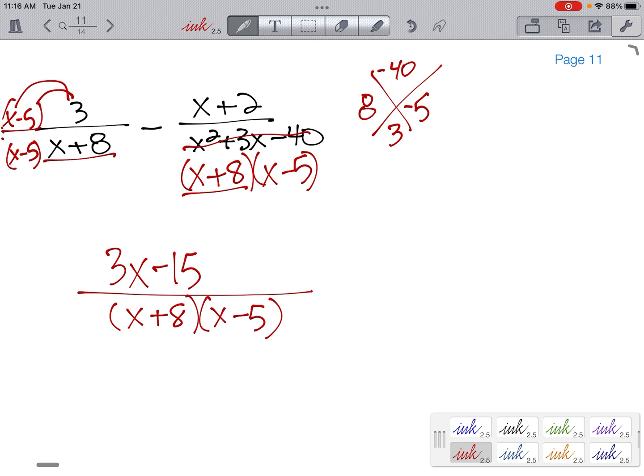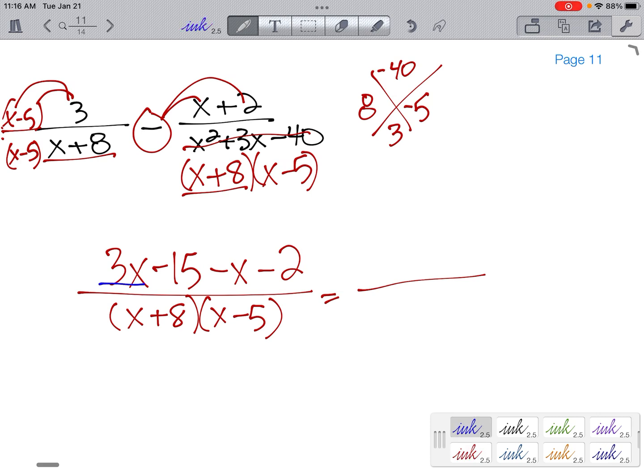And then here's where the common mistake happens with subtraction. This subtraction has to be distributed to both terms in the numerator of the second fraction. So it's minus x and then minus 2. Now we need to combine like terms in our numerator to simplify it.